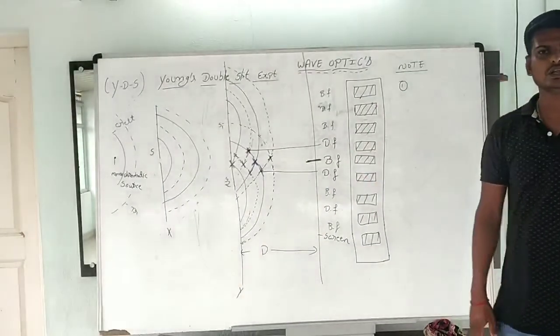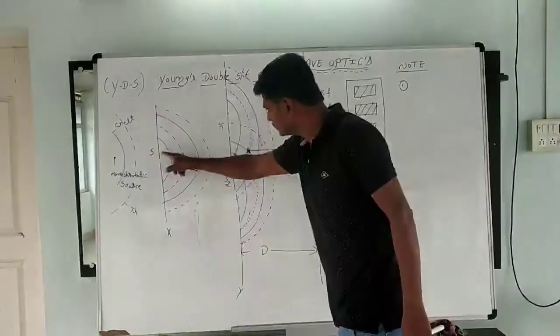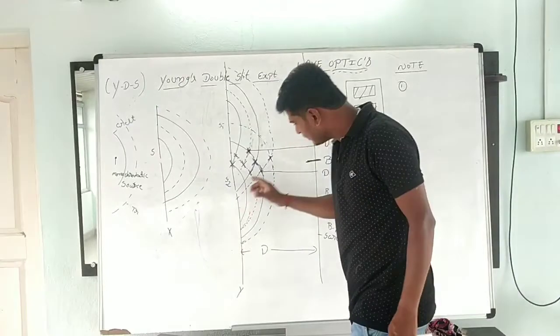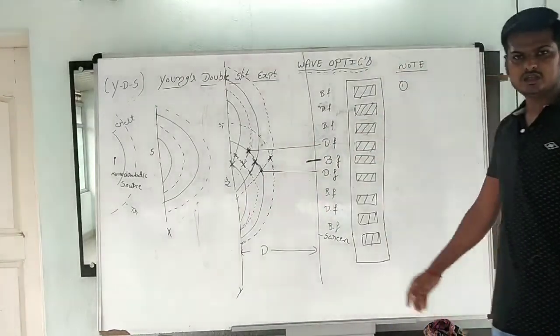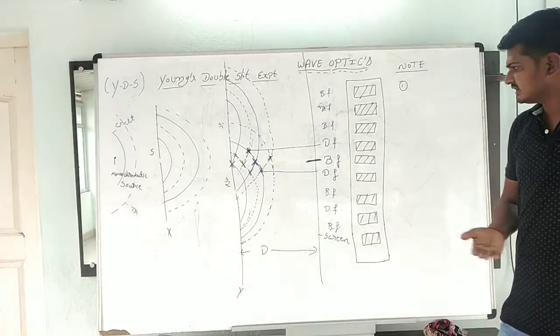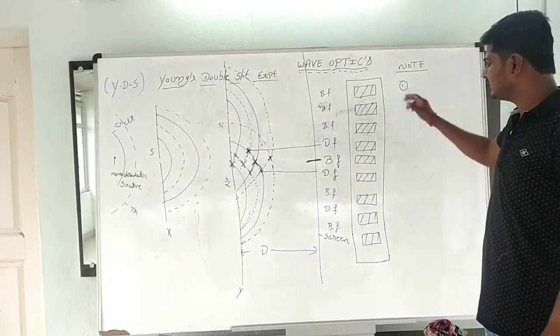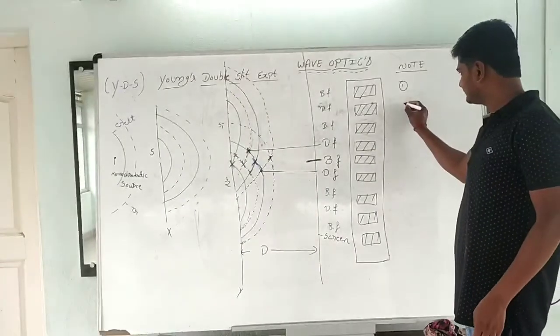The bright fringes' intensity increases, and the dark fringes become completely dark. That is the first important point.